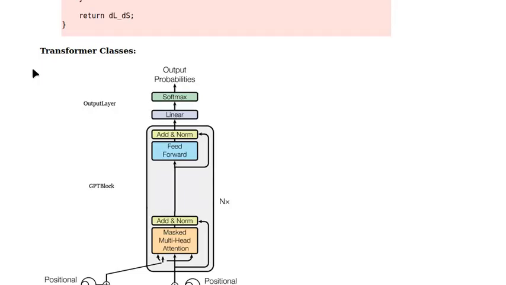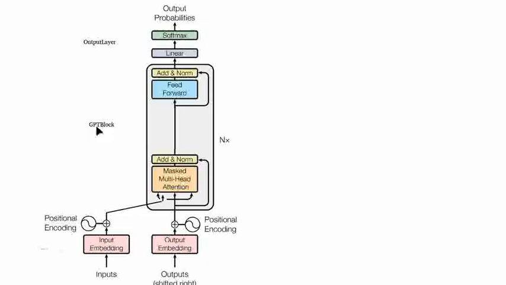The implementation of the decoder-only transformer classes is based on this figure. We call the final output layer consisting of the linear function and softmax function. Linear is basically a matrix multiplication of weight and the input. And we call this block GPT block. It consists of masked multi-head attention and norm, and there's no cross multi-head attention.